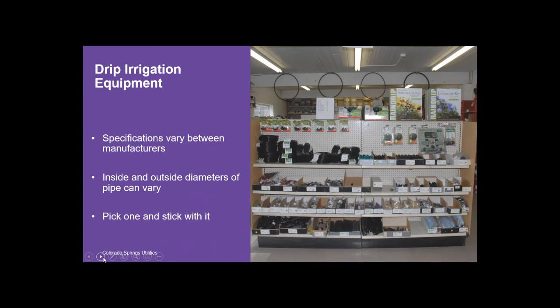What I mean by that is when you're talking about fittings, pipe volume, the allowance for that pipe volume, and emitters, it's best to pick one manufacturer and stick with it. Inside and outside diameters of pipe can vary, so fittings may not fit correctly. If it's an insert fitting or a compression fitting, you really have to make sure that the inside and outside diameters of those pipes are the same for the product that you're using. So the biggest recommendation is to pick a manufacturer and stick with it.